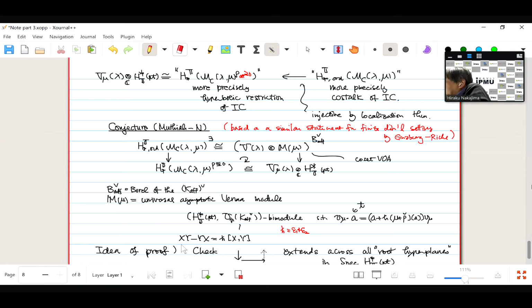And instead of the usual universal enveloping algebra, I put h bar in here. This algebra corresponds to the filtration of the universal enveloping algebra by order of differential.